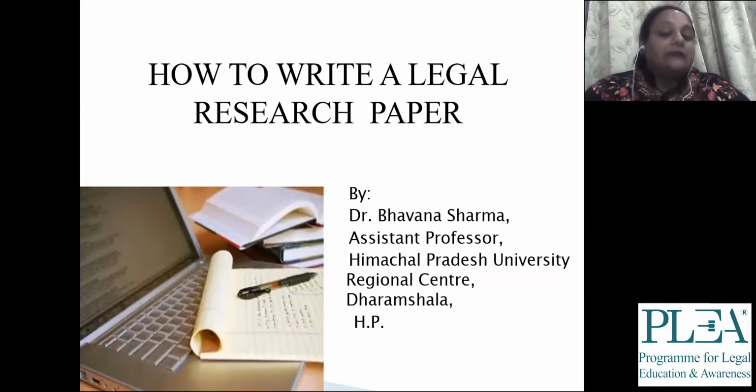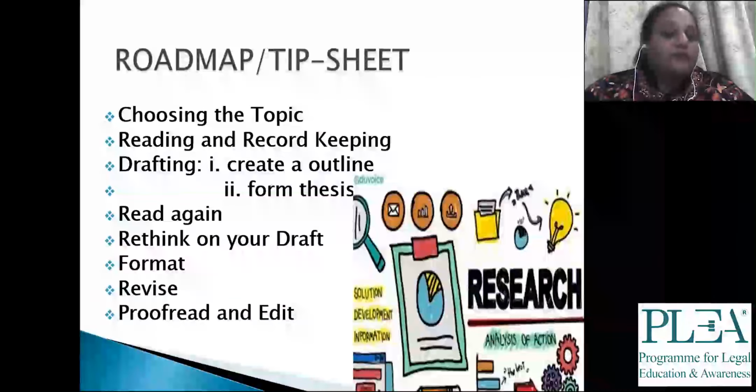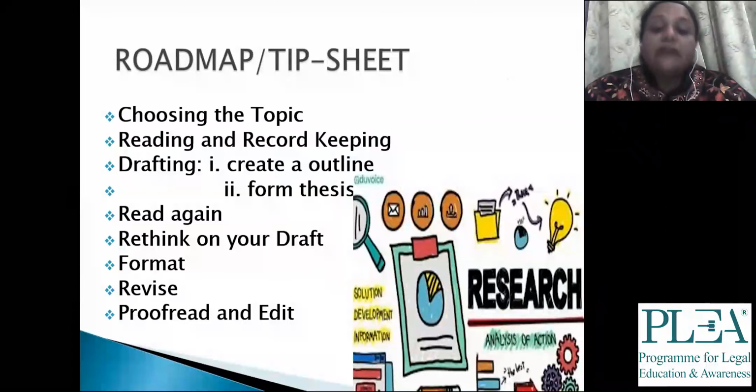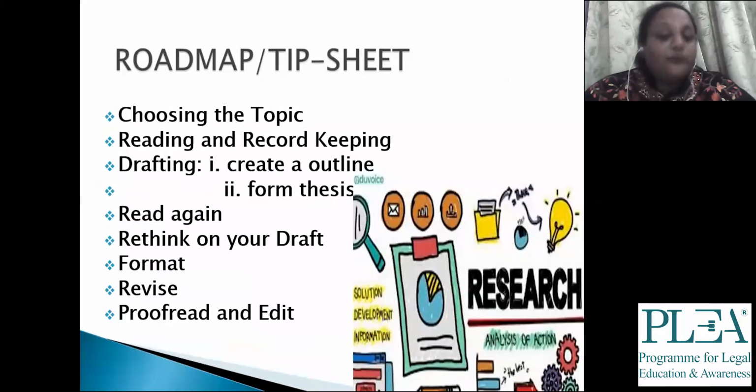Legal itself means, as we have studied in law, that every aspect of our life is controlled by law. So when you think of writing a research paper on any legal topic, the first thing to keep in mind while choosing the topic is the purpose of your research: why you want to write the paper. Before choosing a topic, keep in mind what the purpose of writing my paper should be.